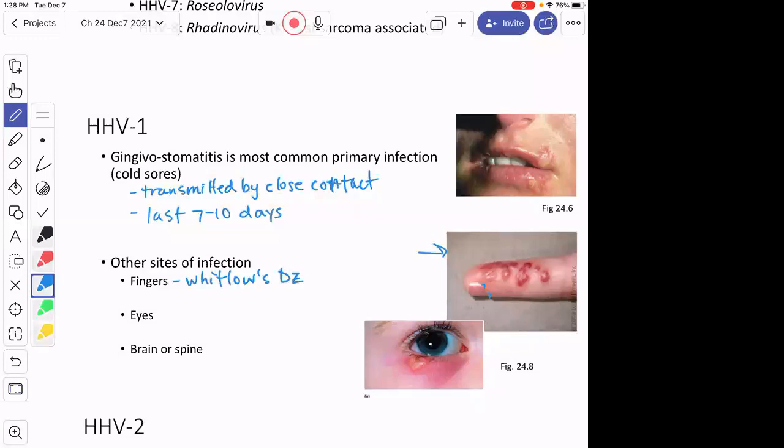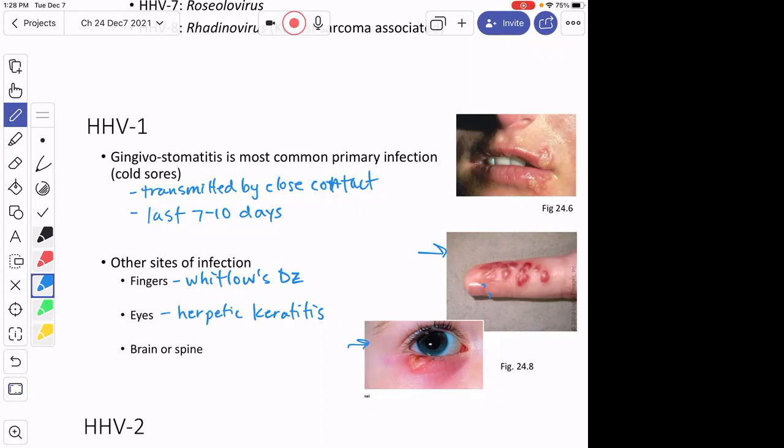It can actually infect the eyes as well. We call that herpetic keratitis. It causes a real light sensitivity, can be serious, and can lead to vision loss.